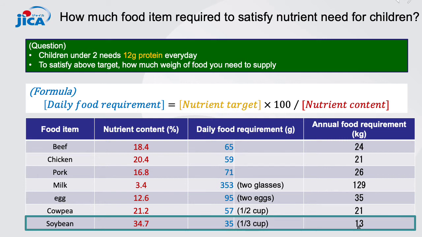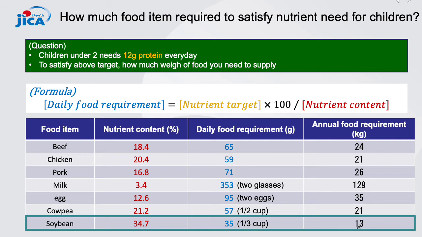By looking at this number, for example, in case of animal meat, it's between 65 to 70. In case of milk, a little bit bigger, 353, because the majority of milk is just water. So naturally it is increasing.